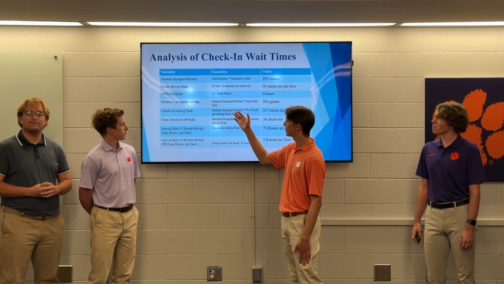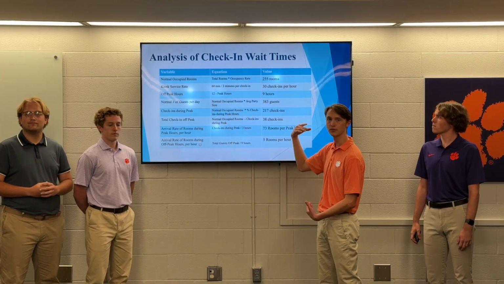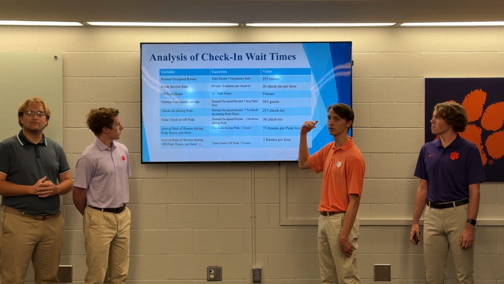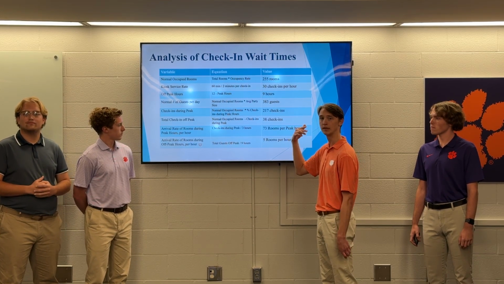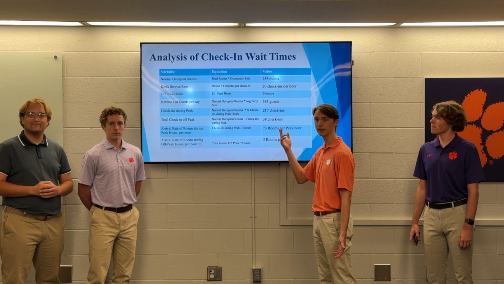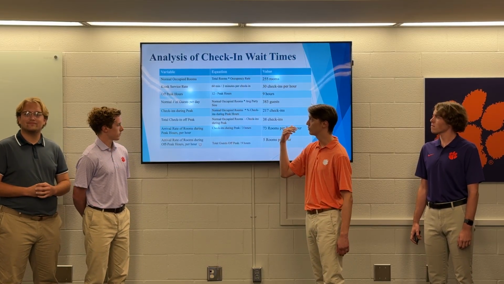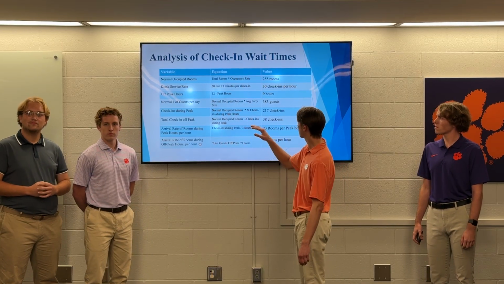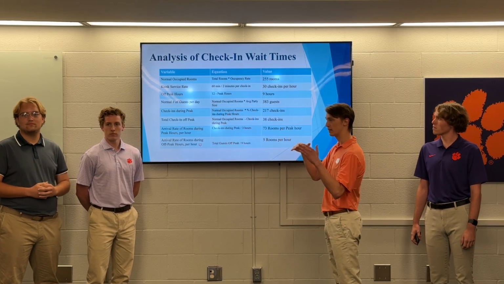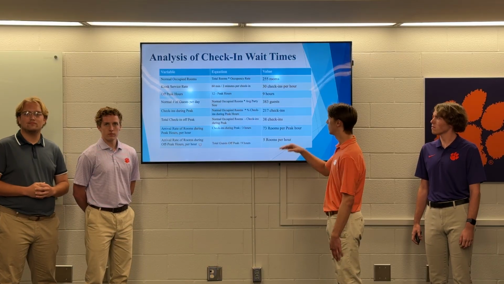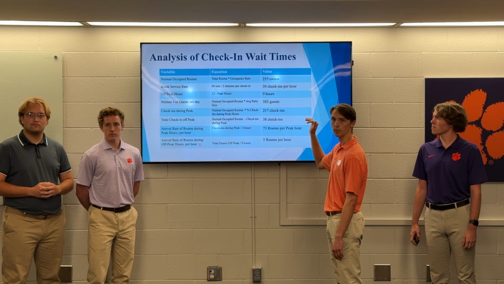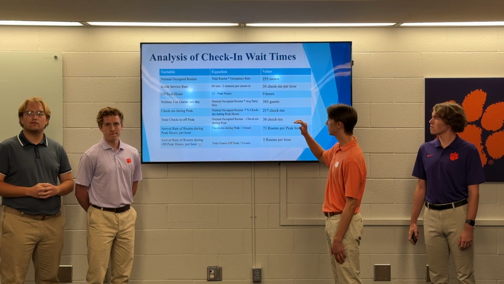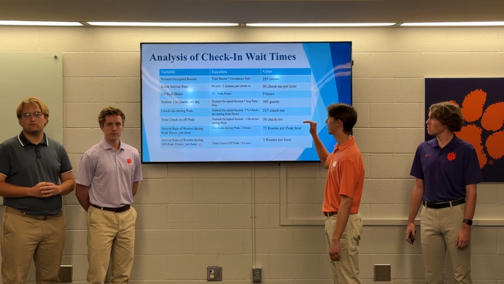The normal number of guests per day coming through the lobby and checking in is about 383 guests. That's important for figuring out how many people we need to account for in the cafe, with sales and things like that. Our check-ins during peak, during the 3 p.m. to 6 p.m. window, is about 217 people, and in the off-peak hours, about 38 people will be checking in.